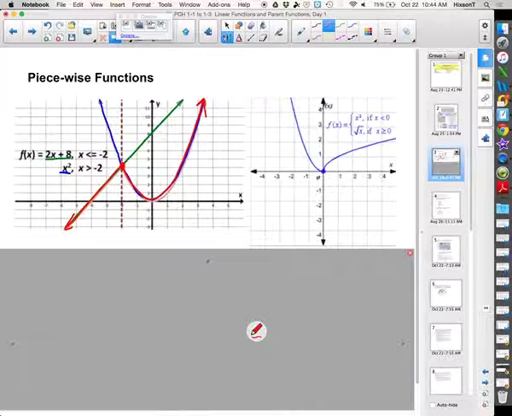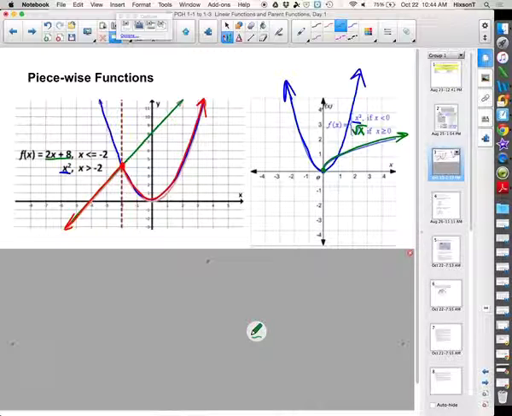Same idea here. All right, we have x squared, which would be this function right here. Okay? And we have the square root of x, which actually does start here and goes on like that.